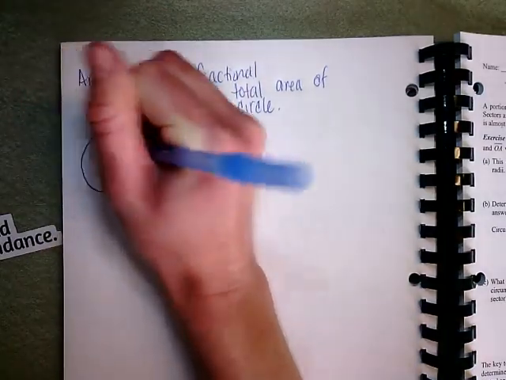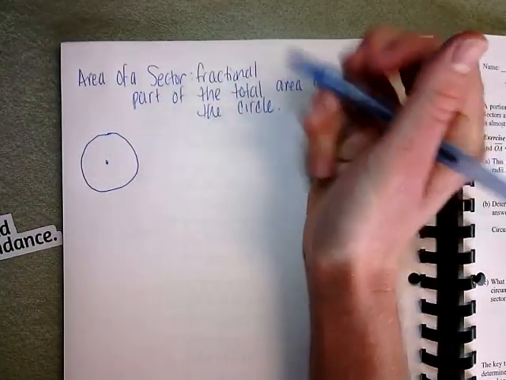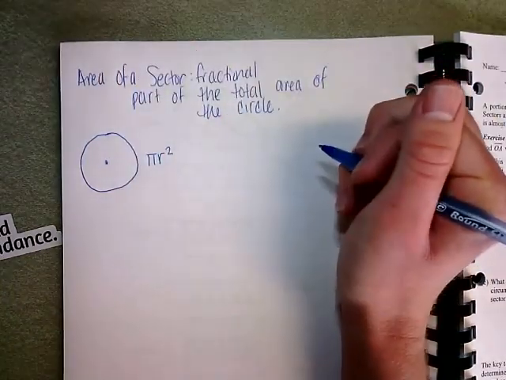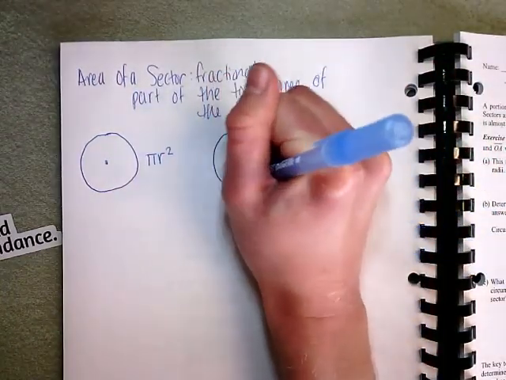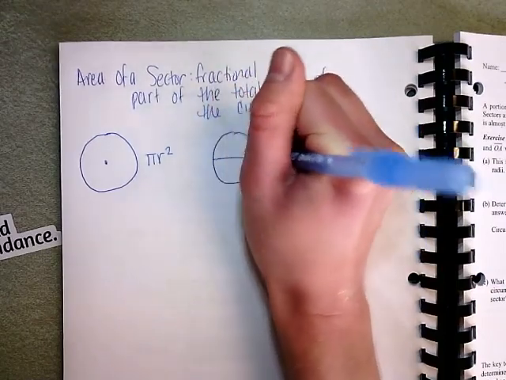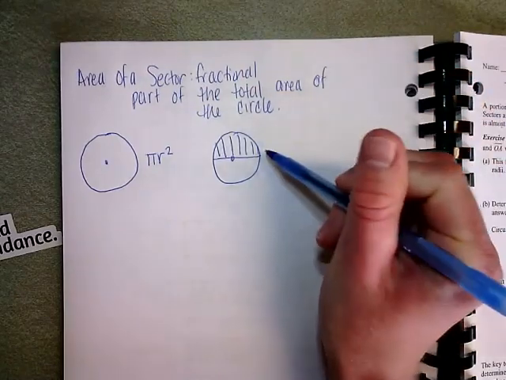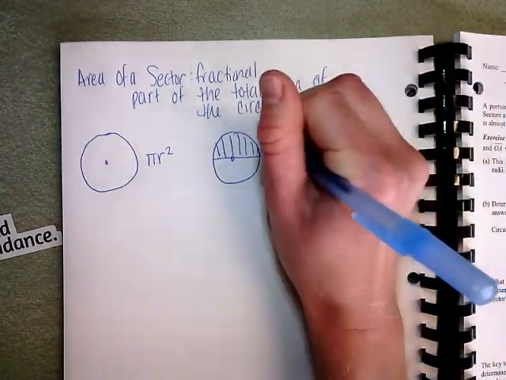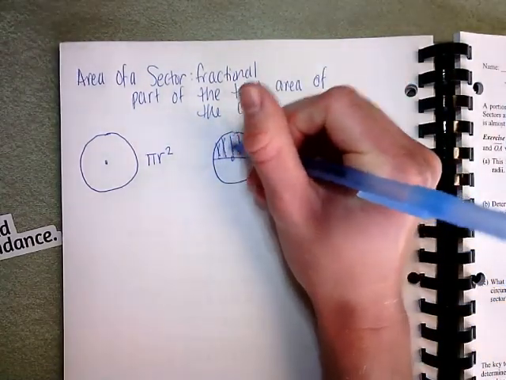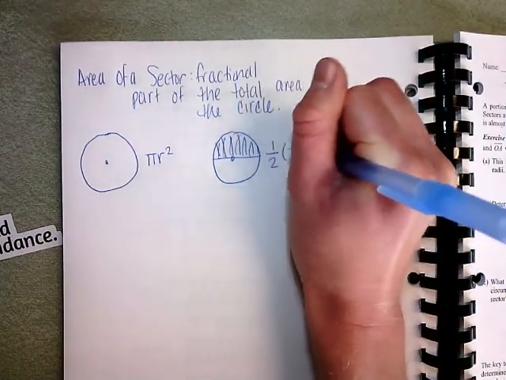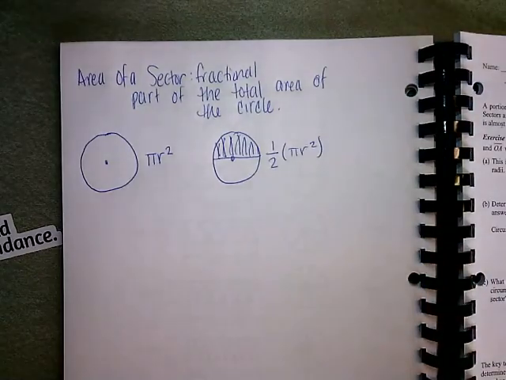So if we had a whole circle, okay, the area would be pi r squared. Now if we wanted to find the area of this part, right, so this is a semicircle, so it's half a circle. So to find the area of this section, we would do 1/2 of the total area of the entire circle.